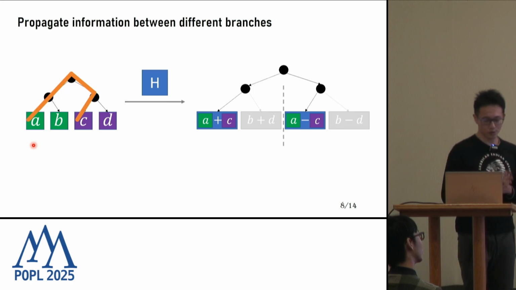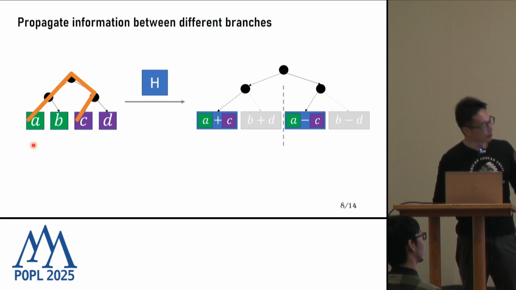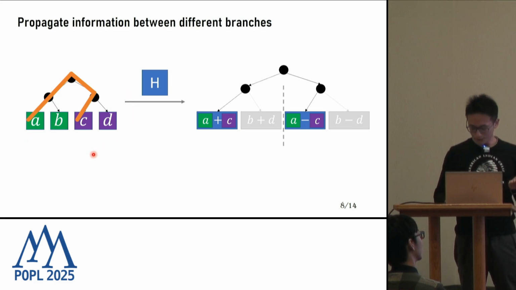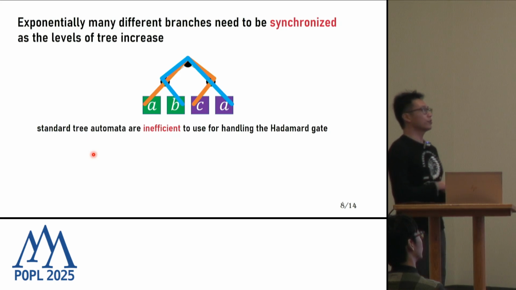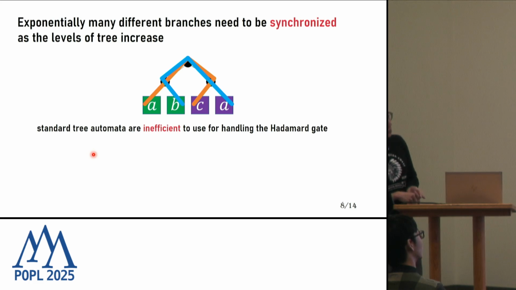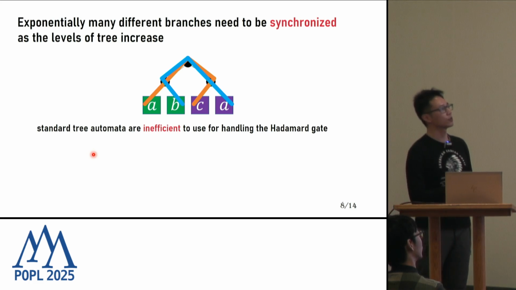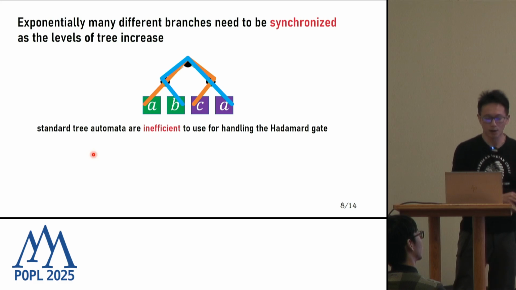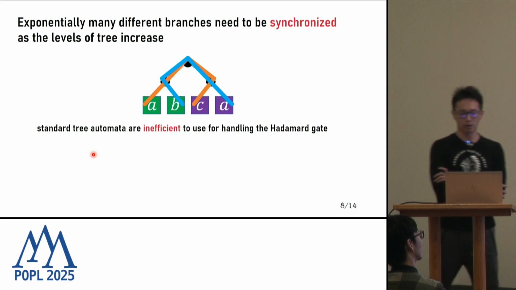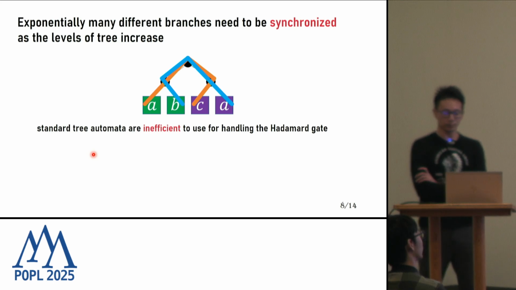So you can imagine that you try to pass the information of A through this path. The bad news is that exponentially many different branches need to be synchronized as the levels of the tree increase. This is the reason why standard tree automata are inefficient for handling the Hadamard gate.